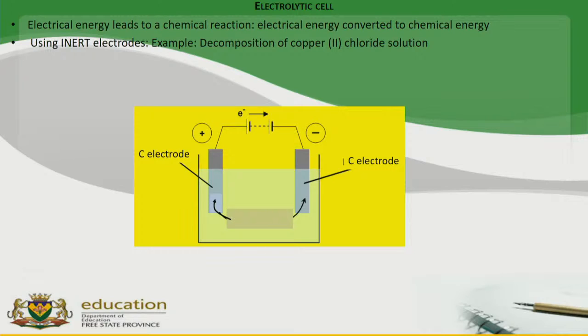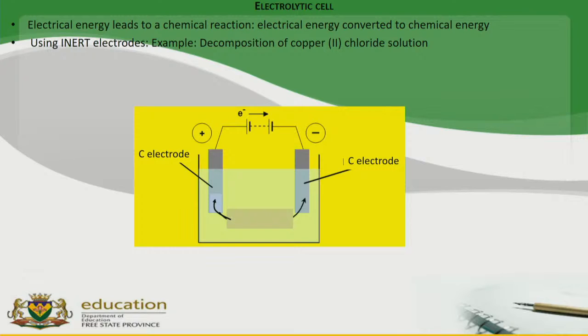Now let us talk about electrolytic cells quickly, and then we will be done. In an electrolytic cell, electrical energy must be converted to chemical energy. What does that mean? It means an electrolytic cell will not operate unless there is a source of electricity.